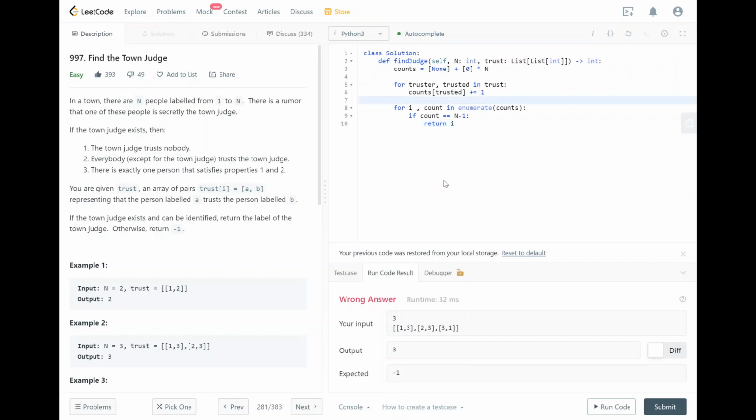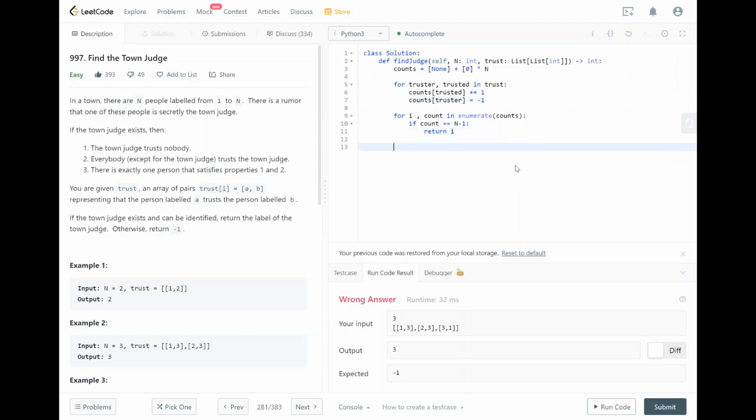How do we fix this issue? Simple. We take our counts and we reset the truster to be -1. That way, if we reset the truster to be -1, they'll never be able to increment up to the amount needed to be trusted.